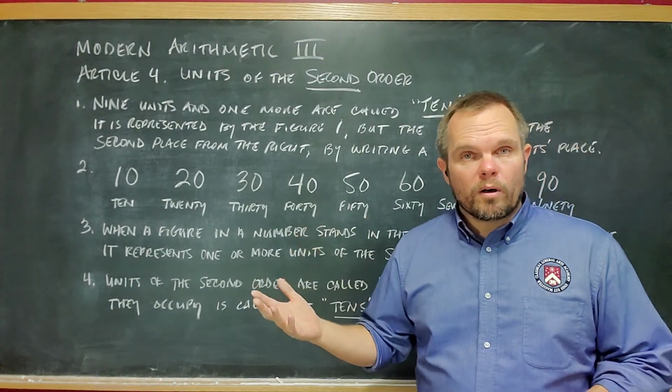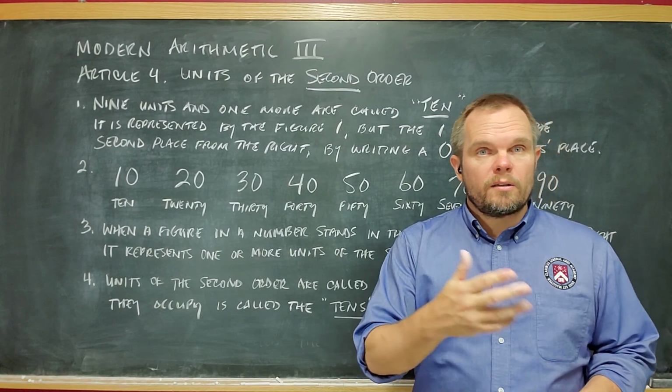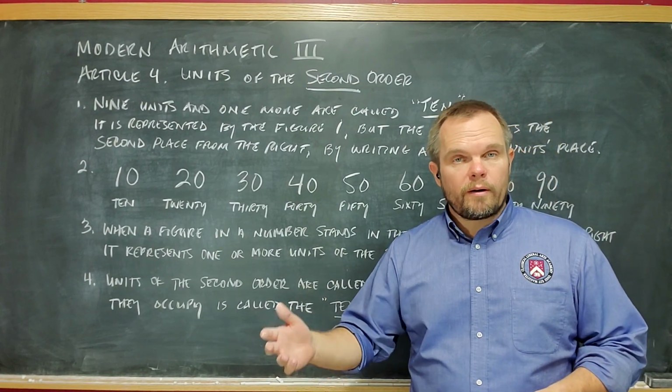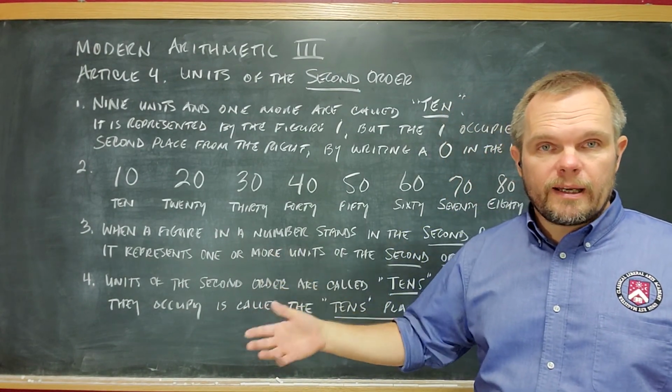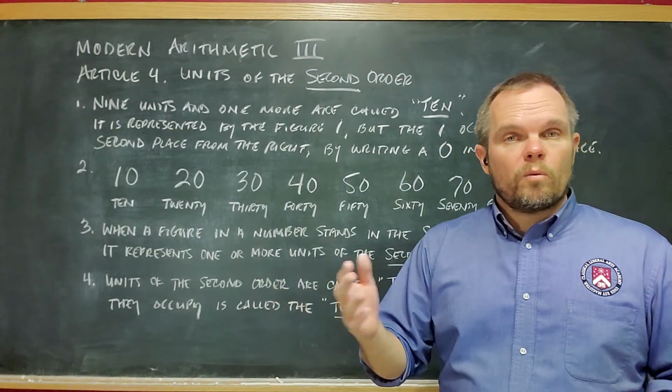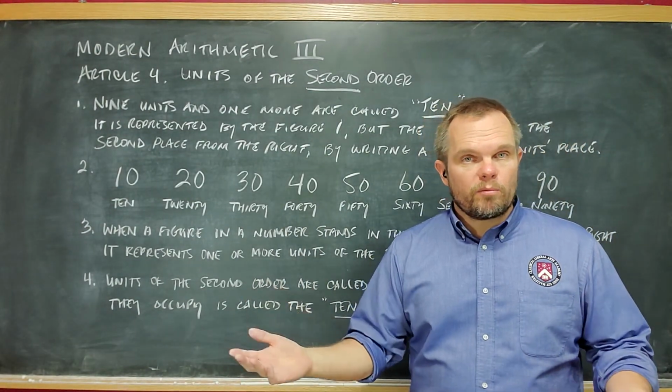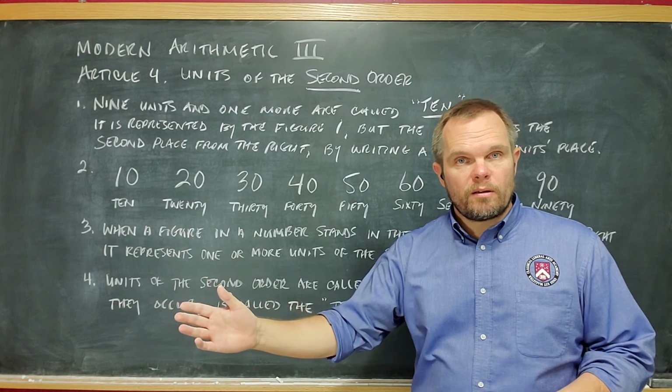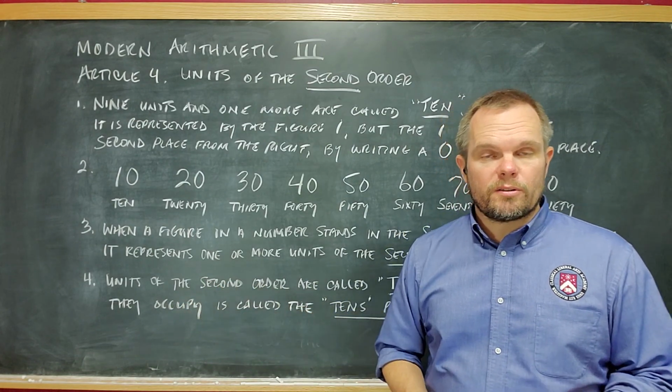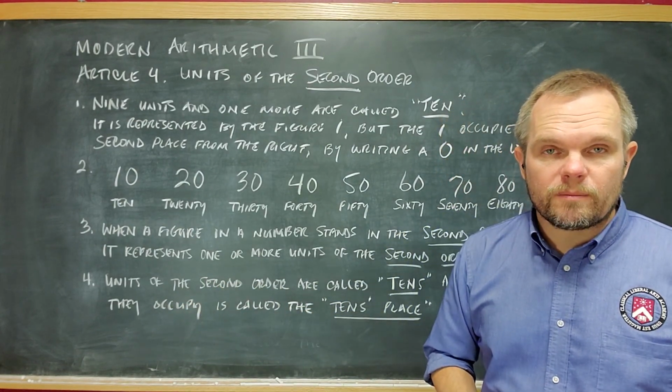And that would work for the numbers 1, 2, 3, 4, 5, 6, 7, 8, and 9. 1 through 9 can be written using the 9 significant figures in Arabic notation.